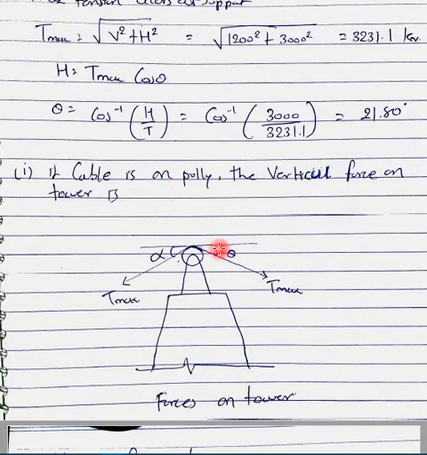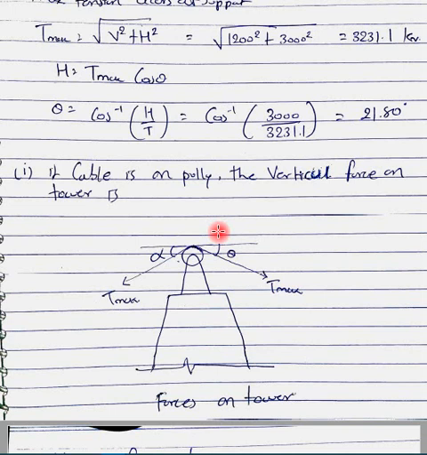So first of all we have to find out theta. We can derive theta by taking the angle. As we know, H is T max cos theta.